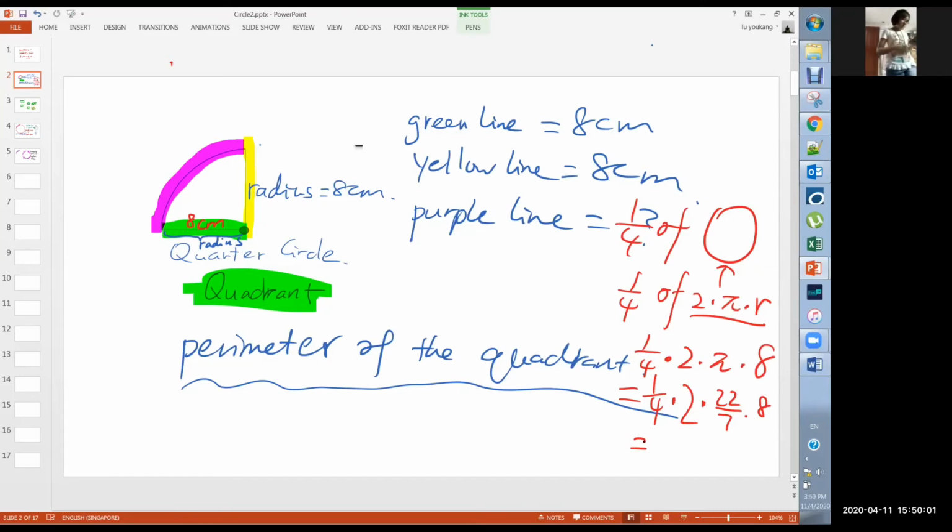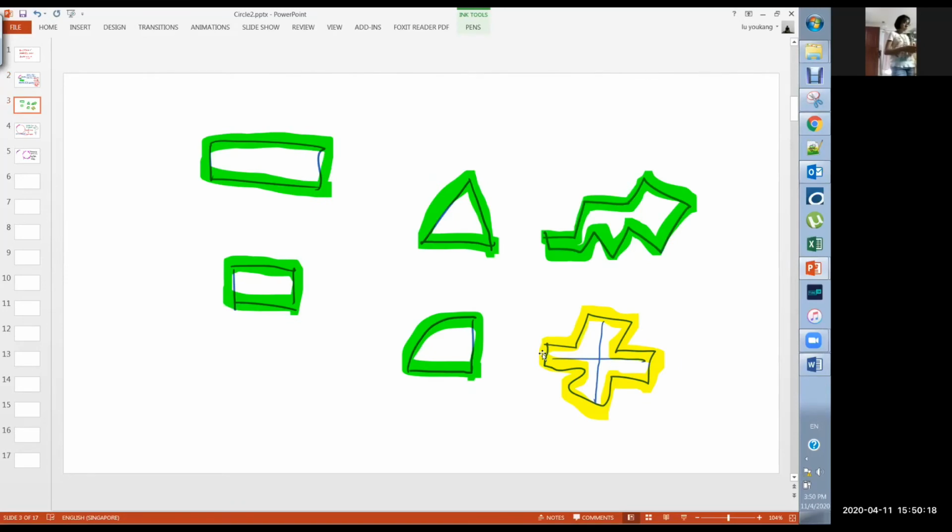88 over 7, which is 12 4 over 7, right? Yeah. So the unit is cm. Okay. What's the unit for length?